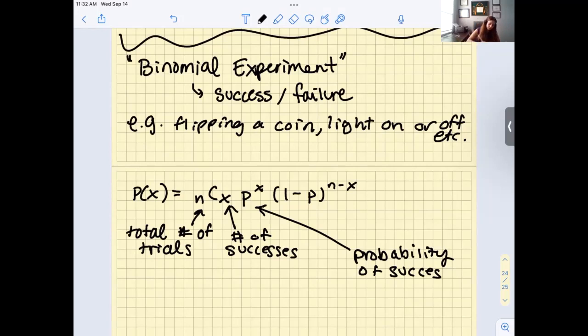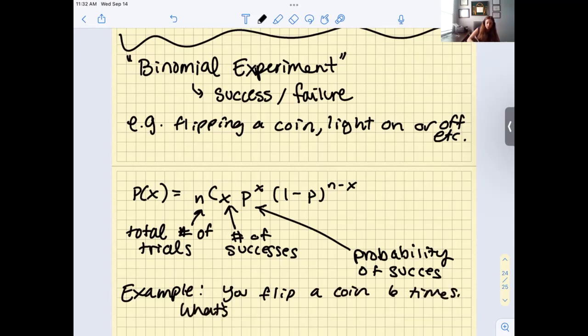So for example, if you flip a coin 6 times, and I wanted to know what's the probability of exactly 3 heads when you flip the coin.